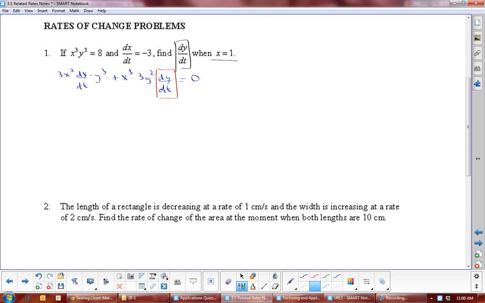What is stopping me from just plugging stuff in and getting the answer? I know what x is. I can find y from my original formula. Okay? So let's start just numbering things here. So number 1. So number 2, we need to find y in order to solve.